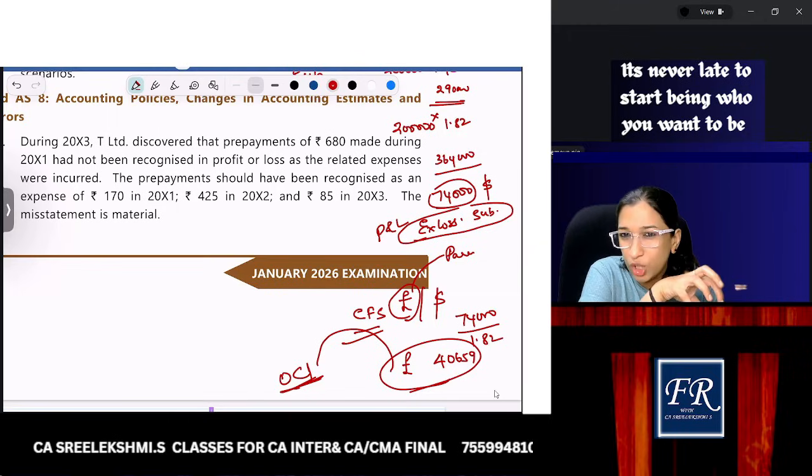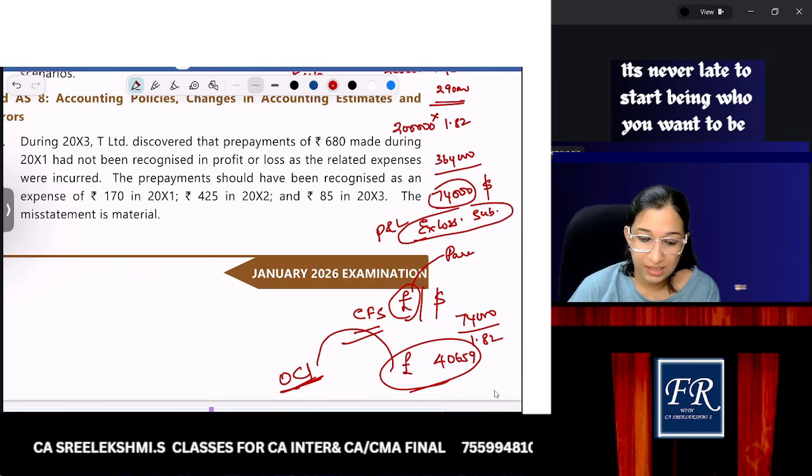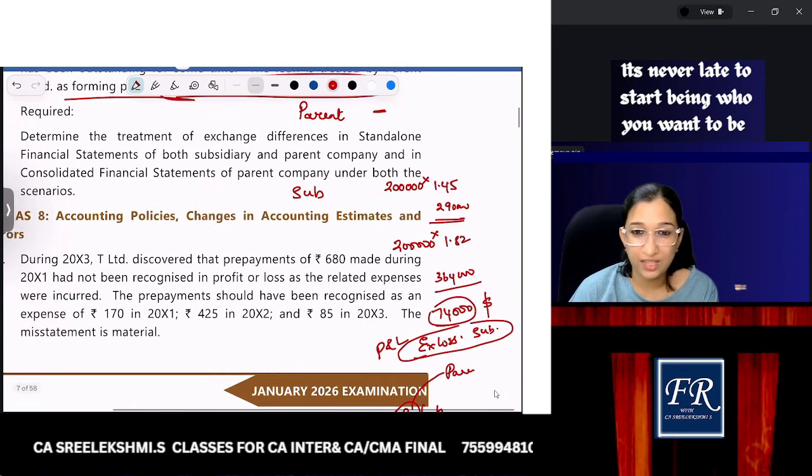Originally in the parent or subsidiary's P&L, the exchange gain or loss will be reclassified to OCI, as it is unrealizable. The loan is not expected to settle in the foreseeable future. So reclassification is to be done. So that is the accounting treatment, which is actually easy.